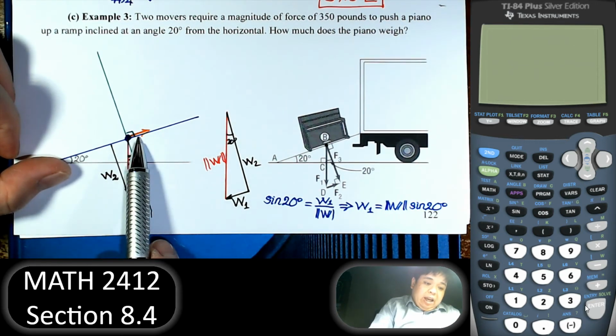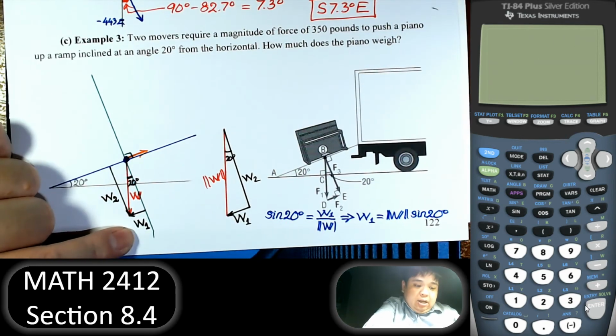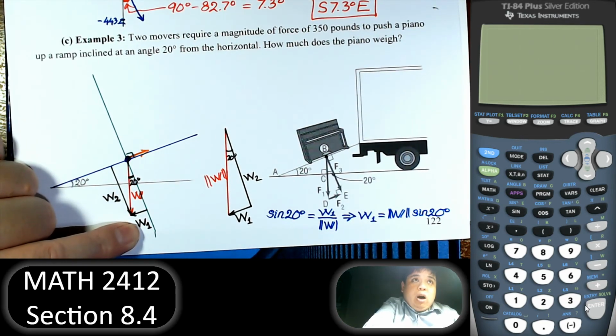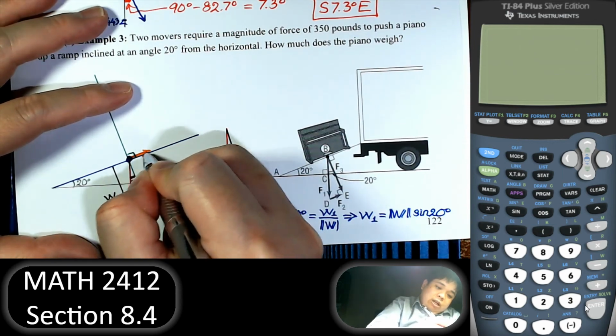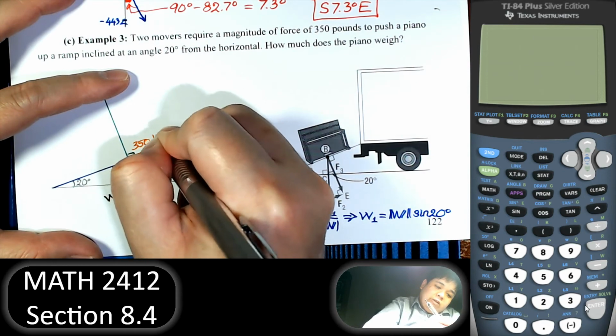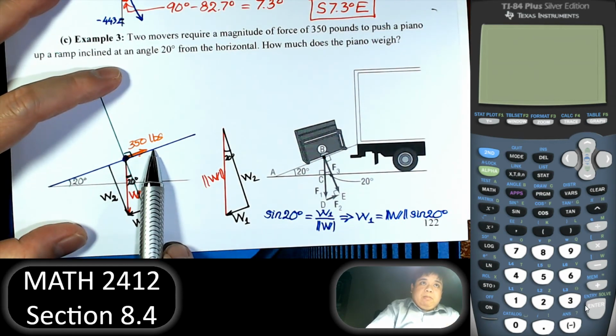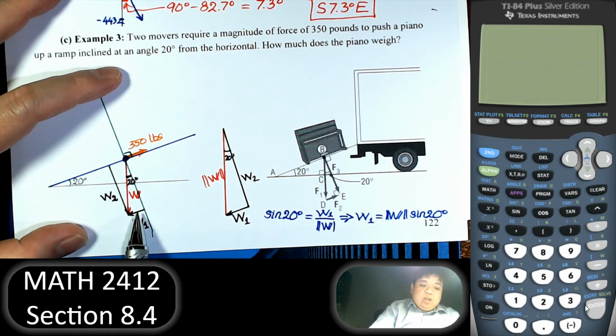That force has to be at least equal to W1. The force that we have is 350 pounds of force to push it up. It has to at least cancel out this component.